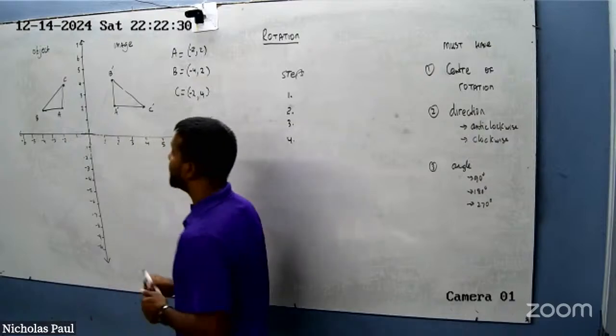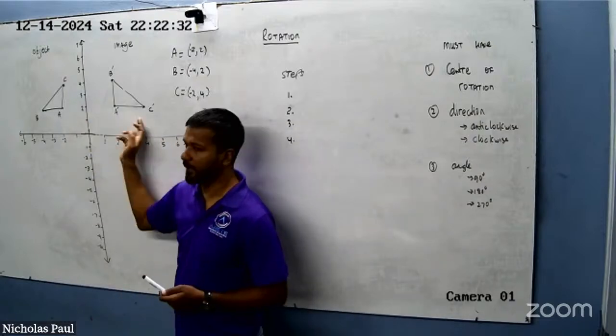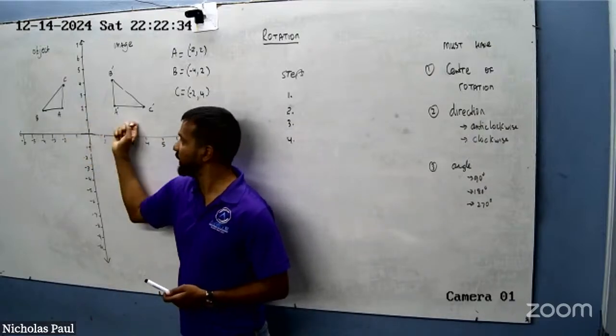Right, so we're going to try to figure out from here to here. We're going from the object to the image.